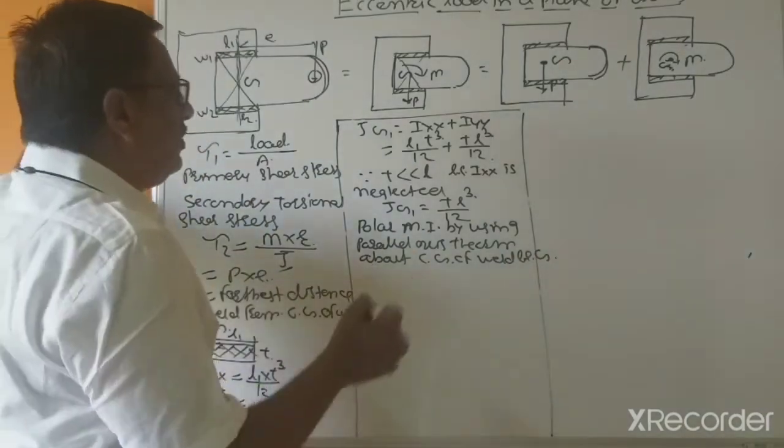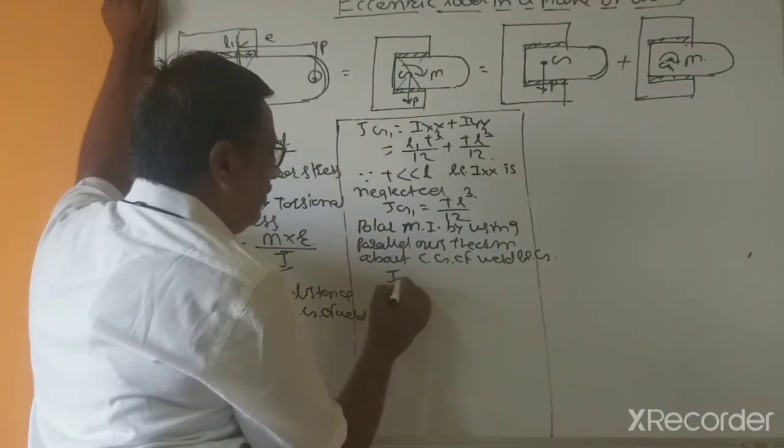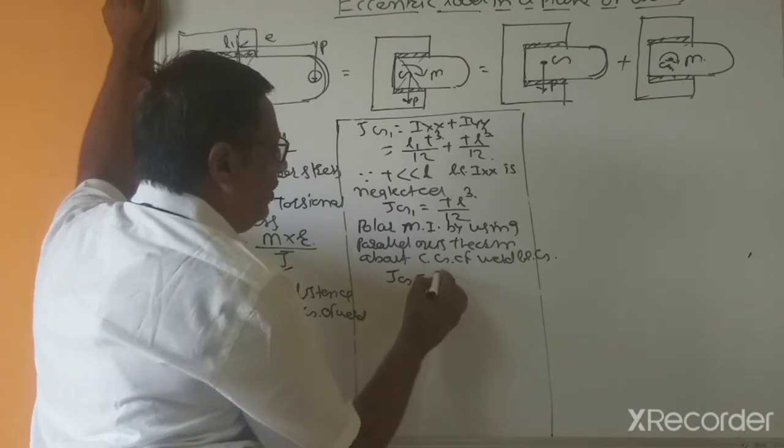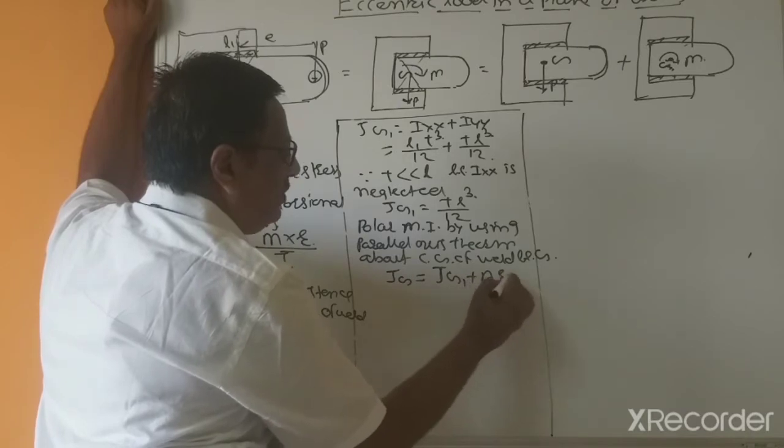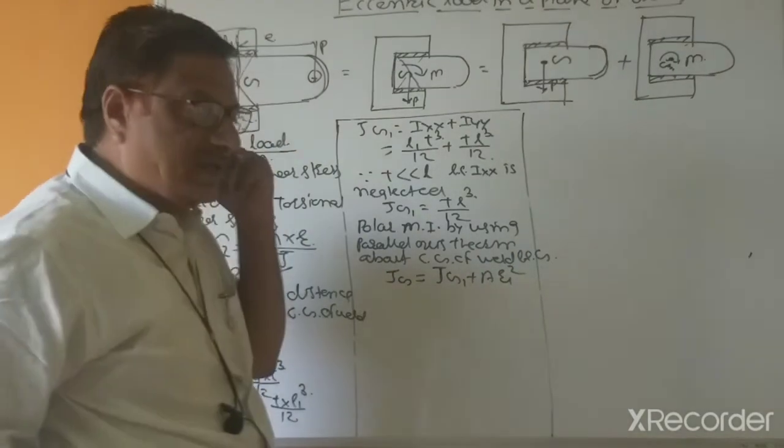So for G, you can write Jg equals Jg1 plus A into R1 squared.